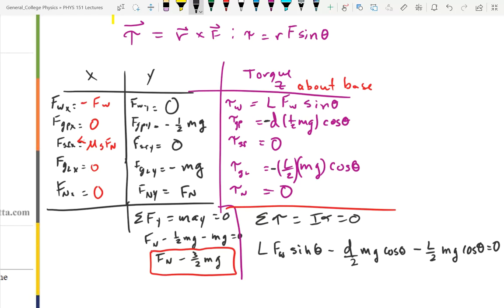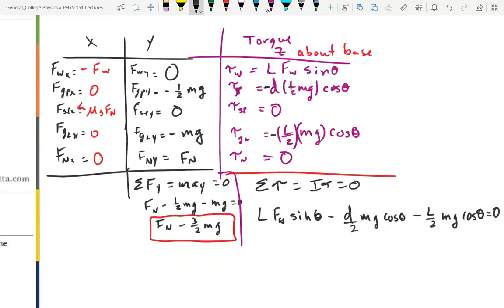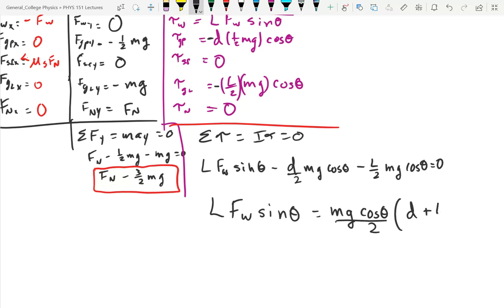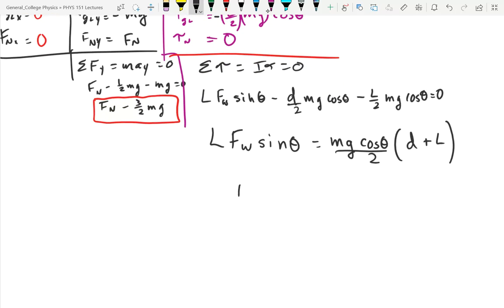Now I'm looking for force wall. So I'll move the things that aren't force wall containing to the other side of the equal sign. L times, well, that's not an F. Okay, I factored out everything I could, which was mg cosine theta over 2, and I was left with just d plus L. So solve for FW.